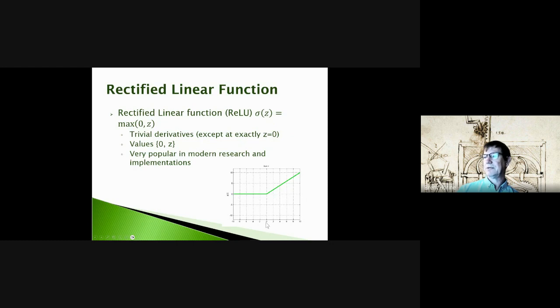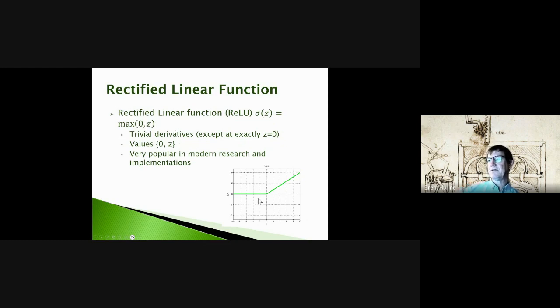And values of z greater than 0, we're going to call that z, right? So at z equal to 2, we're at 2 right here. At z equal to 10, we're at 10 right there. So we just call that max(0, z).